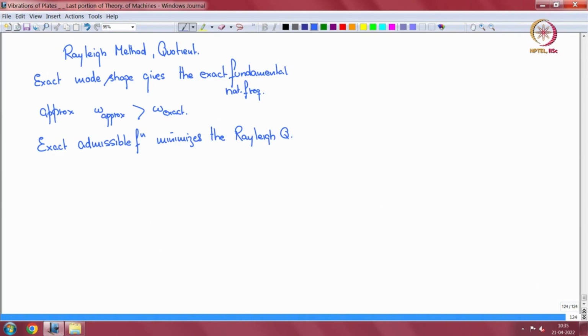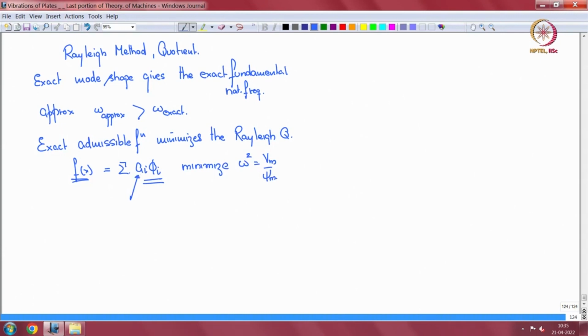So what we can actually do is set f of x to be a weighted sum of a set of functions, whatever nice functions they may be, orthogonal polynomials, and then minimize the Rayleigh quotient with respect to these coefficients.